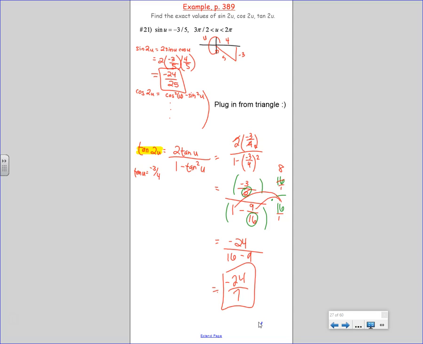Then I could have said, hey, this is the same thing as negative 3/2 divided by 16 minus 9/16, which would be, no, not 9, that's a struggle, 7. Basic subtraction. Anyway, 7/16, true? True. How do you divide by a fraction? Multiply by the reciprocal.